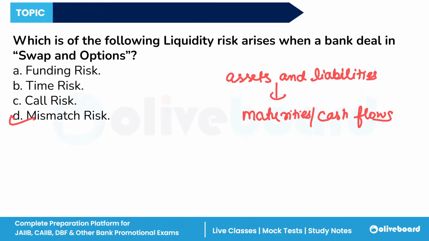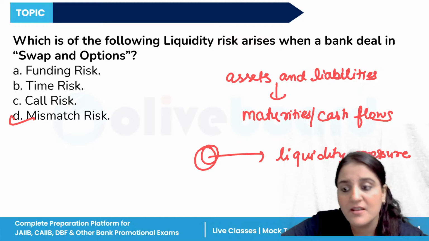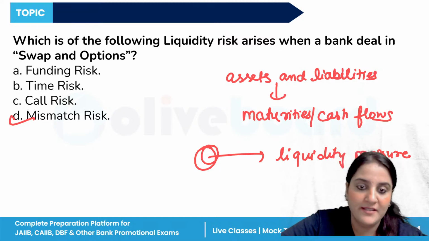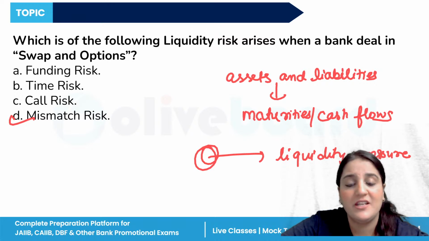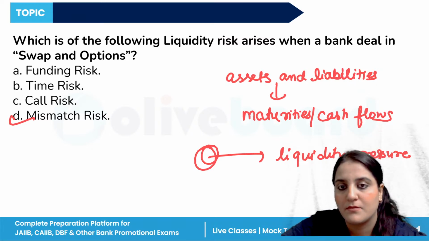These instruments create situations where a bank faces liquidity pressures if it cannot align or meet the cash flow obligations due to timing mismatches between the assets and liabilities or the terms of the derivative contracts. So option D is correct here. Okay.